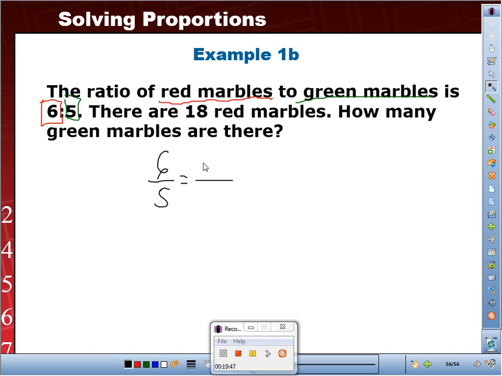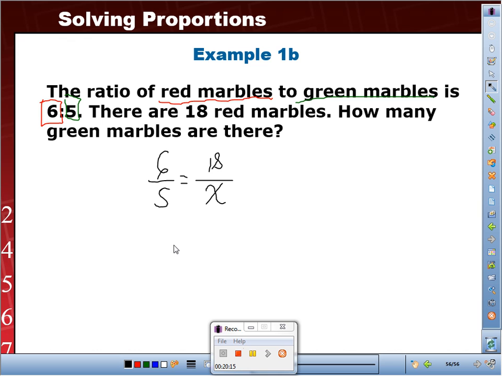Kylie? It's going to be 18 and x over x. Okay. Yeah. Not bad.